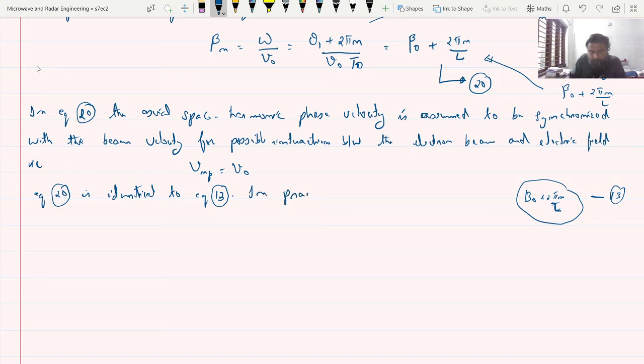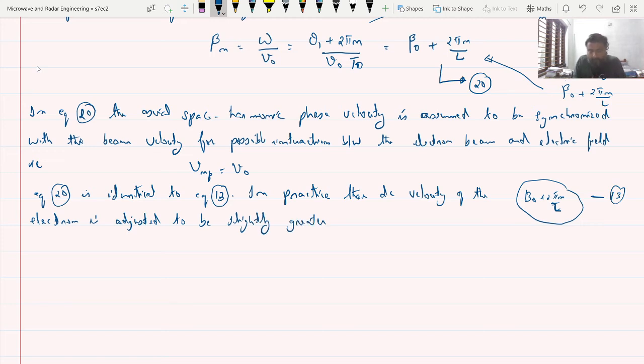In practice, the DC velocity of the electron is adjusted to be slightly greater than the axial velocity of the electromagnetic wave for energy transfer.